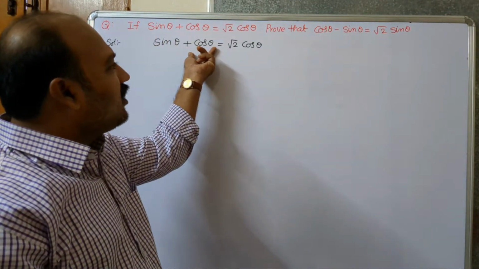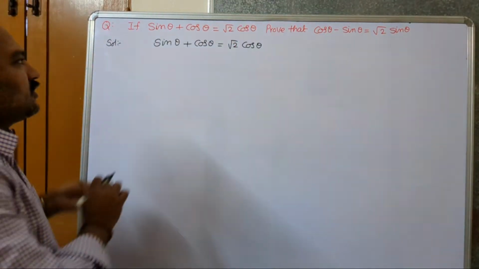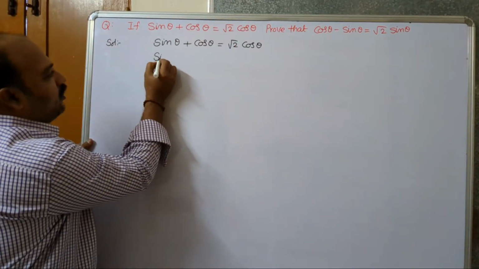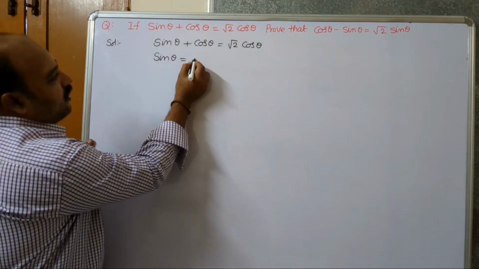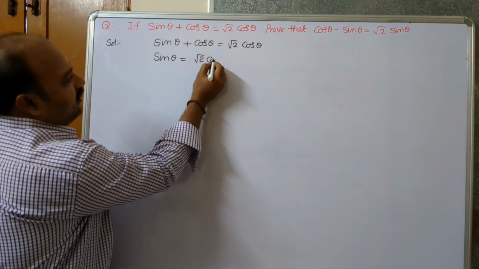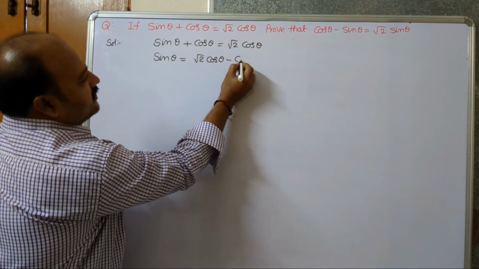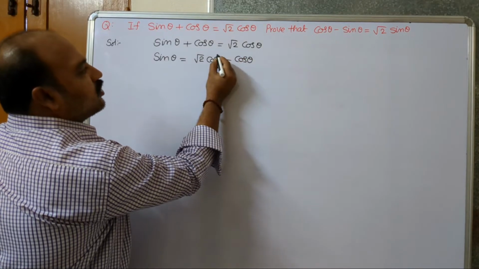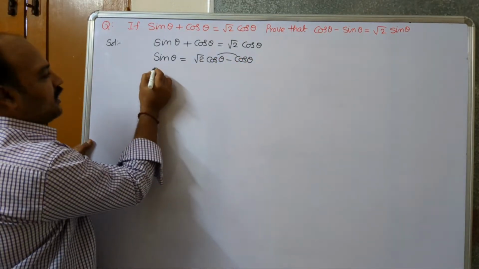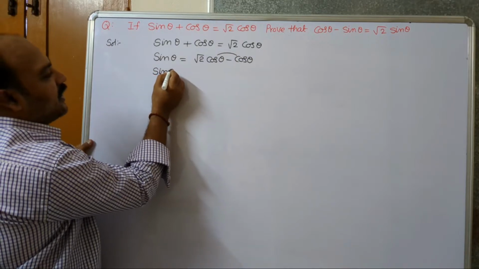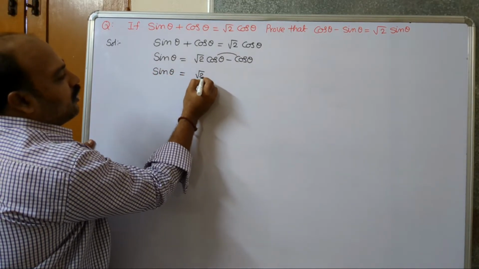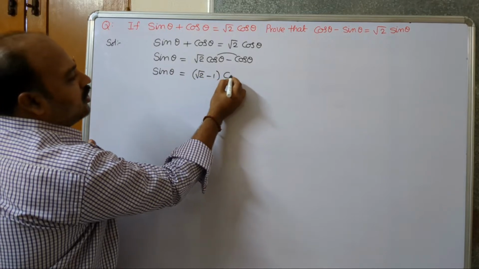So bring the other cos theta also to this side. So sin theta equals root 2 cos theta minus cos theta. Take cos theta common from these two. It comes as sin theta equal to (root 2 minus 1) into cos theta.